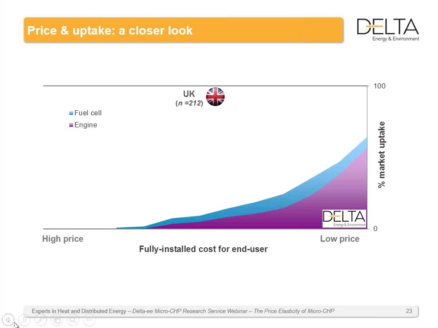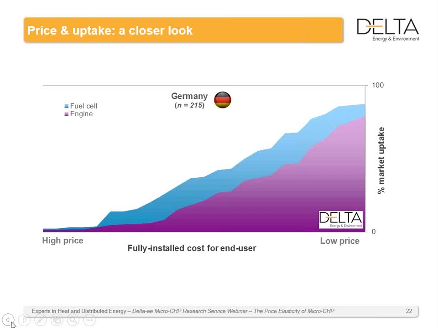So the gap between where the market is and where it could be depends a lot more than just on the price of the installation. There's a number of other factors around customer awareness, installer awareness, routes to market. Certainly, we pitched the idea of micro-CHP to respondents in this survey in a very matter-of-fact way.